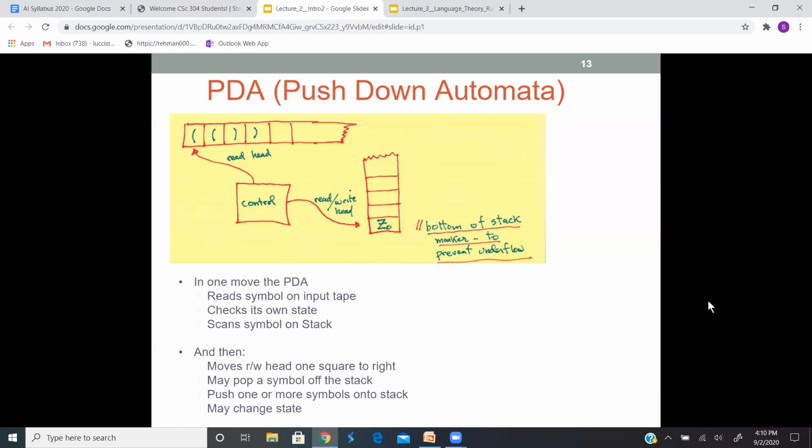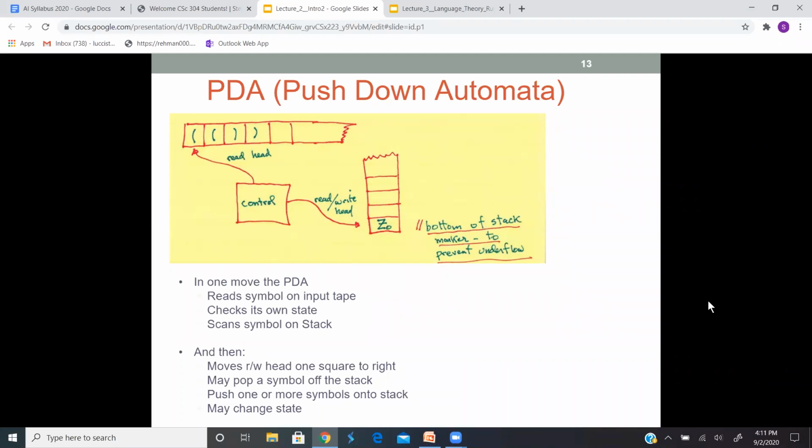If you like, you can always use another book as a reference. Okay, so we're in Q sub 0, I'm assuming, scanning a left paren, and there's a Z sub 0 on top of the stack. And what do we do? We'll see the algorithm in a moment.